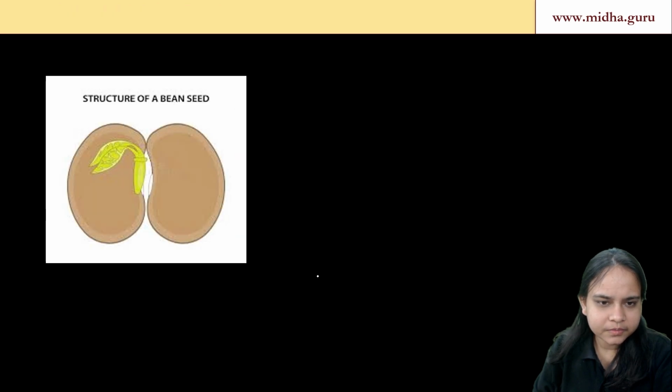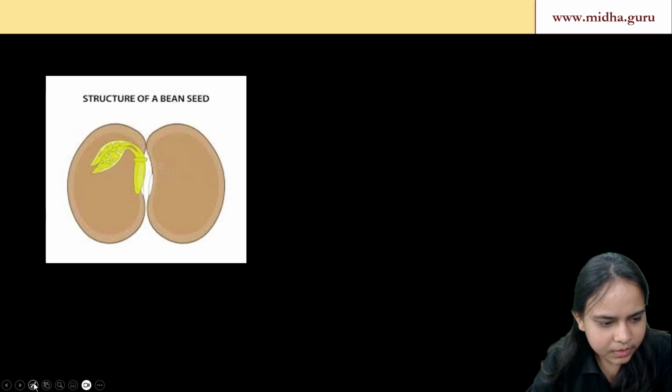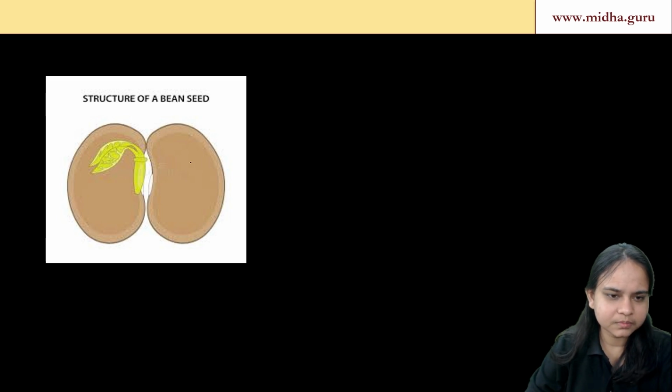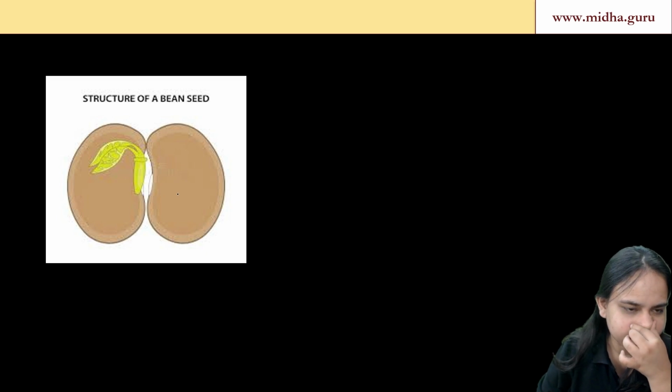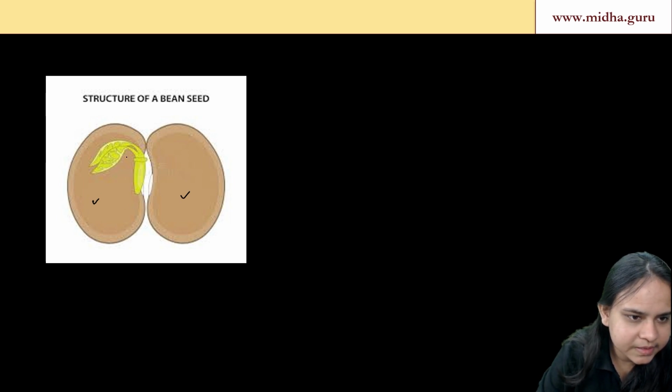Let's take first dicot seed. Okay, so we have a prominent dicot seed here. Let's connect with the figure one by one. So here we can see there are two cotyledons, right? This is first, this is the second. Now we have an embryo inside. We can easily see this baby plant is the embryo. Okay, this baby plant is the embryo.